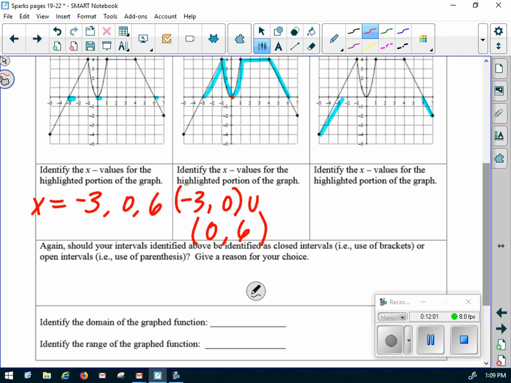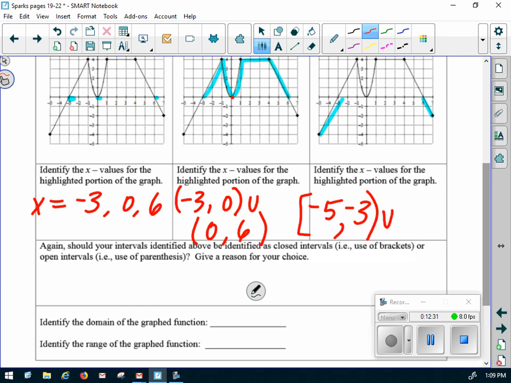Last one. We're below the x-axis on this last one. Is -5 included? Is the y value for -5 below the x-axis? Yes. To where? Is -3 included?